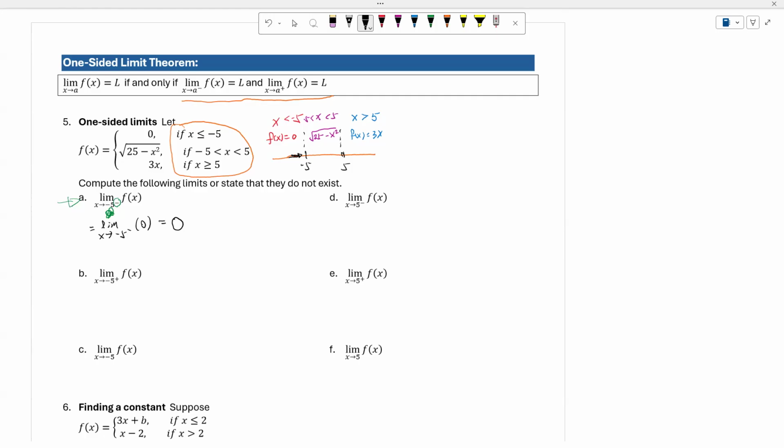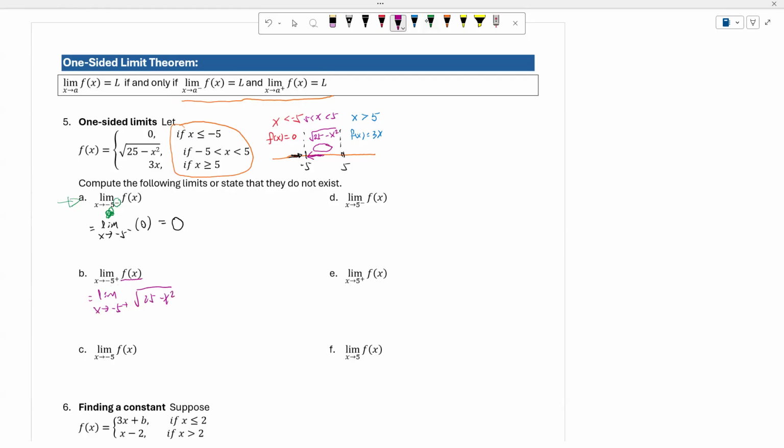Then let us look at B. B is the limit as x approaches -5 from the right. If you look at the graph from the right, it looks like this. For this one, we are using the square root of 25 minus x squared. So I'm going to replace f of x with the square root of 25 minus x squared.